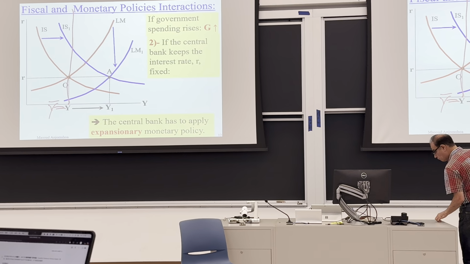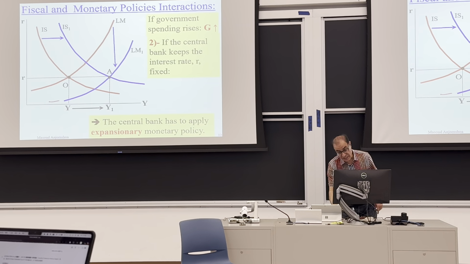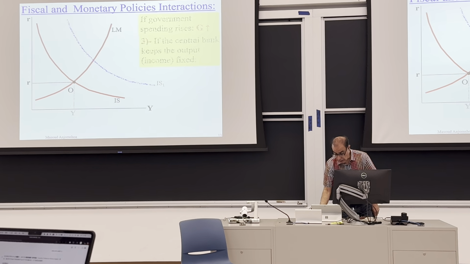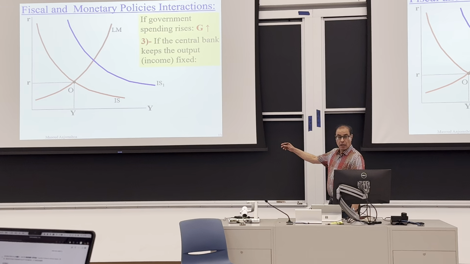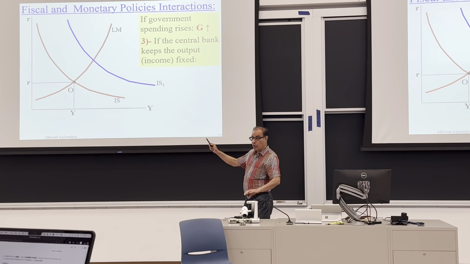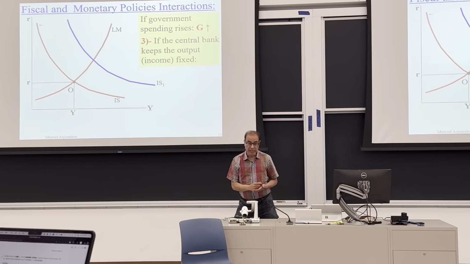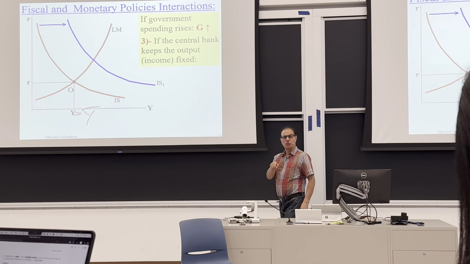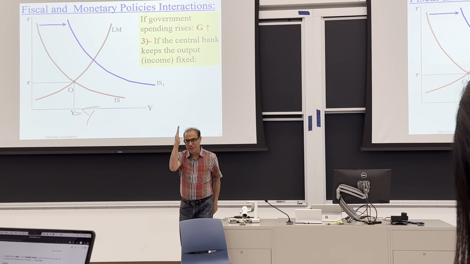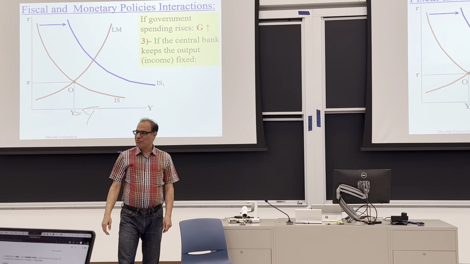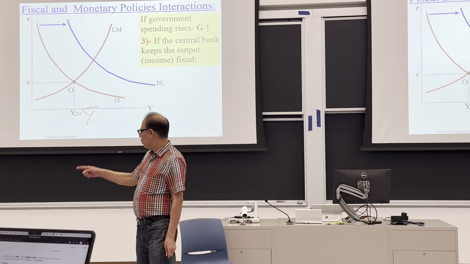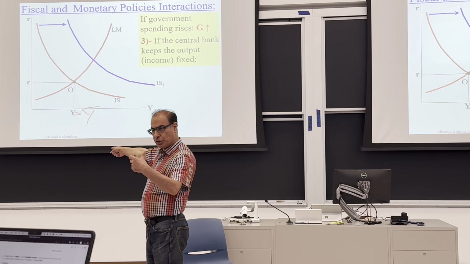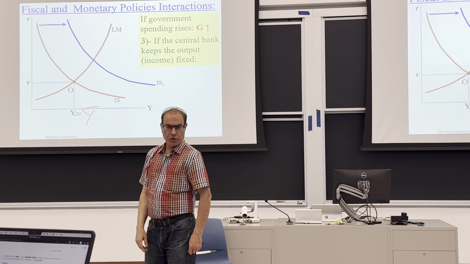But as we are going to discuss in the future, to keep the economy at full employment, suppose initial output is Y bar, the central bank has to make sure output is at Y bar. Okay, so this policy is good policy in the long run.